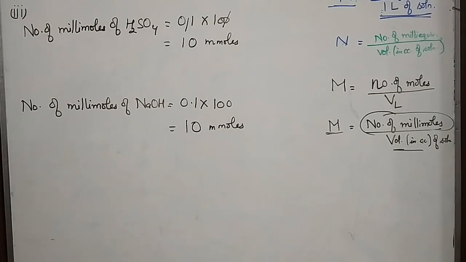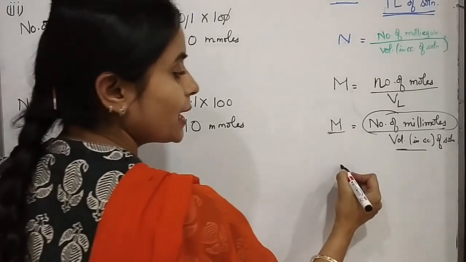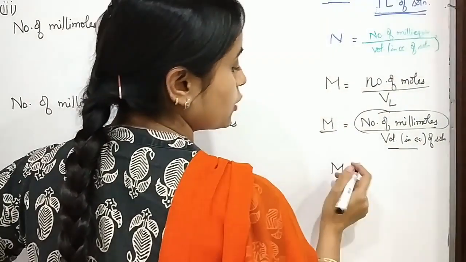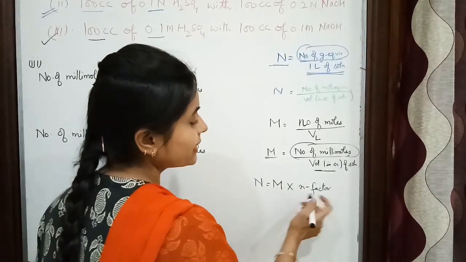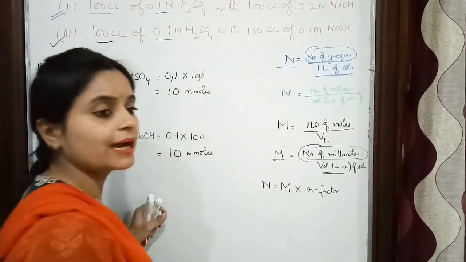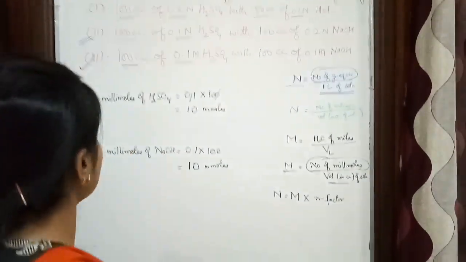But as you have to find out the normality of the solution, we know that normality is equal to molarity into n factor, and n factor I told you is either acidity or basicity.